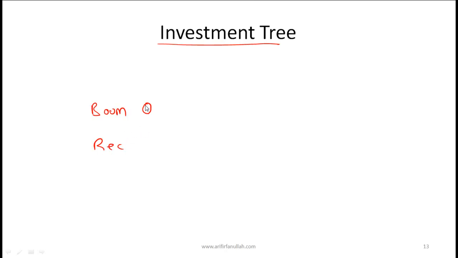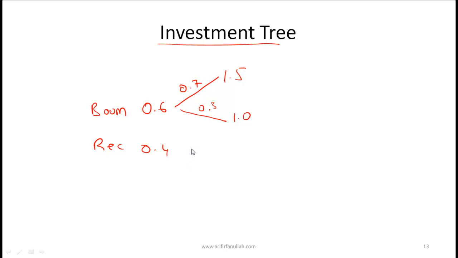And let's say the probability of a boom is 0.6, the probability of a recession is 0.4, and for the stock that you are following, if there is a boom, there is a 0.7 probability that the earnings per share for your stock will be 1.5, and in the boom situation, there is a 0.3 probability that the earnings per share will be 1.0.